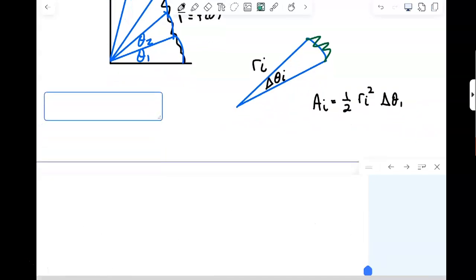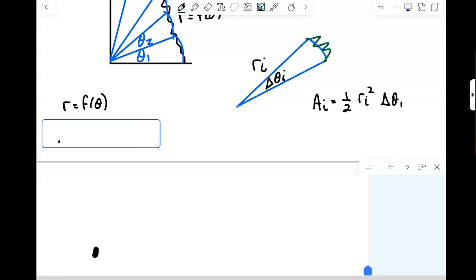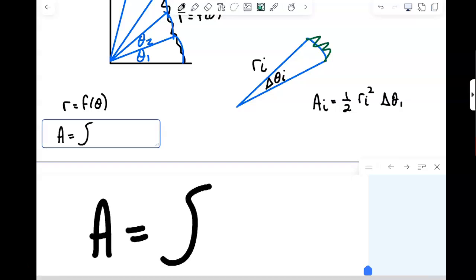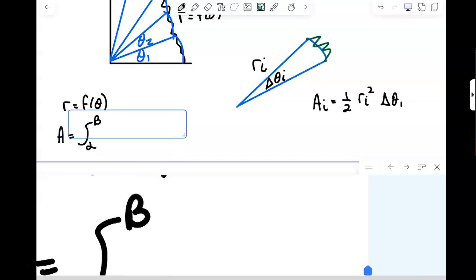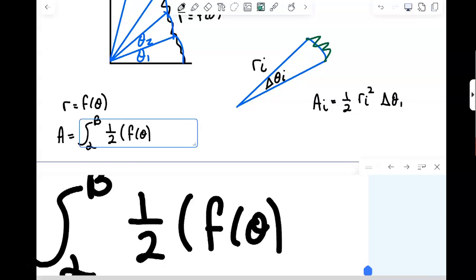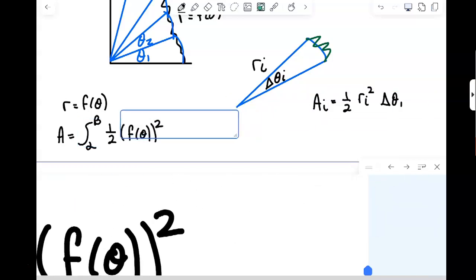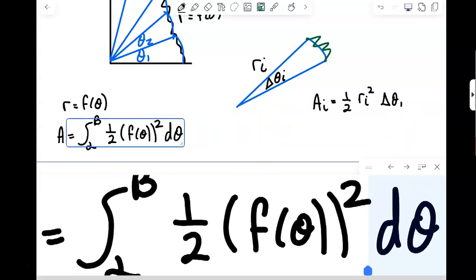So we would have this result here: if r was equal to f of theta, then the area would be the integral from the first angle in radians to the second angle in radians of 1/2 f of theta squared d theta. This would be our integral formula for finding the area in polar coordinates.